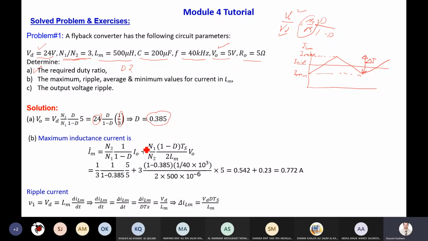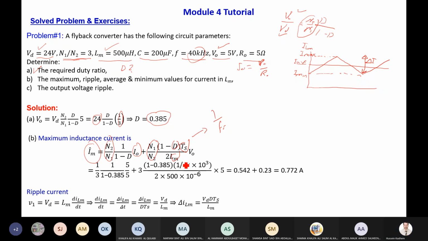So let me first find I maximum because I have a formula for it, which contains the ratio 1 over 1 minus D and the I output. I can find it from here: I output is equal to V output over R output. Again, the ratio D I just calculated, LM is given in the question, and T is 1 over Fs, where F is given as 40 kilo.